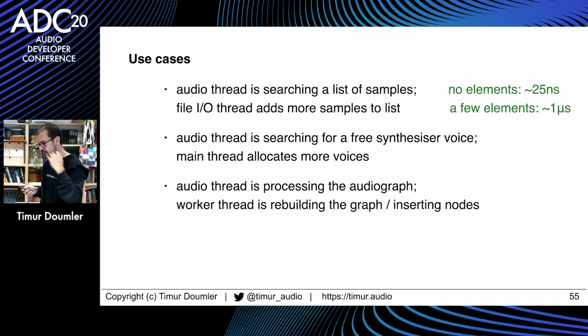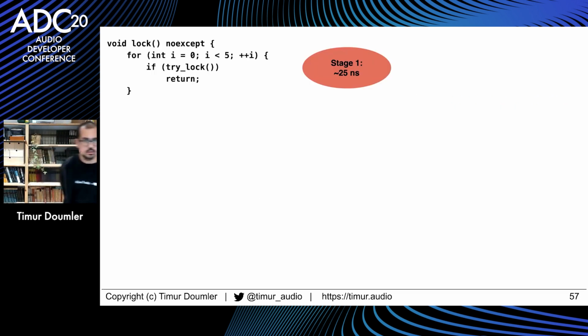If it has just a few elements, it might be more like 1 millisecond. And then at the other extreme, we have the audio thread processing the whole audio graph, one pass through the whole thing, and that would typically be on the order of 1 millisecond. So these are the two extremes. Then what I did was I have these 3 stages, where stage 1 is just this quick loop.